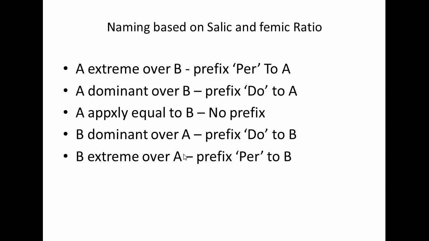When A is approximately equal to B, there is no prefix, and we call it salfemic. When B is dominant over A, that is, femic is greater than salic, we call it dofemic. B extreme over A means perfemic.